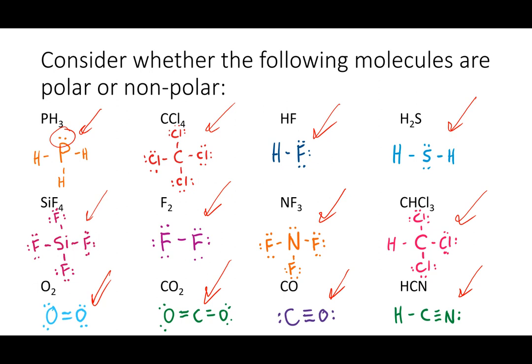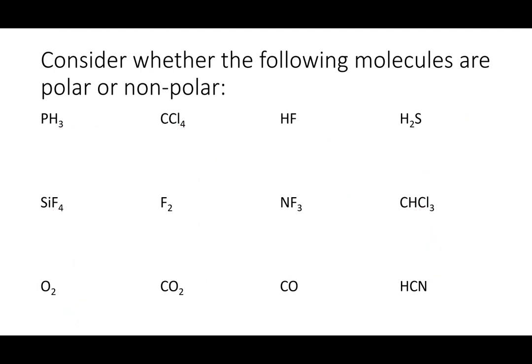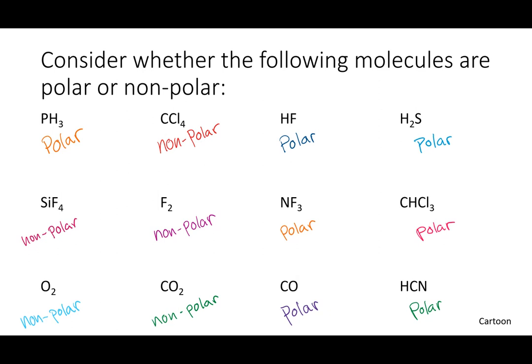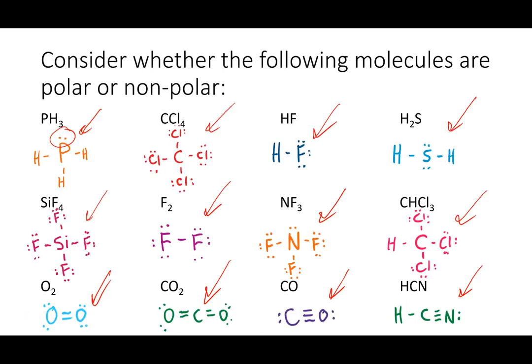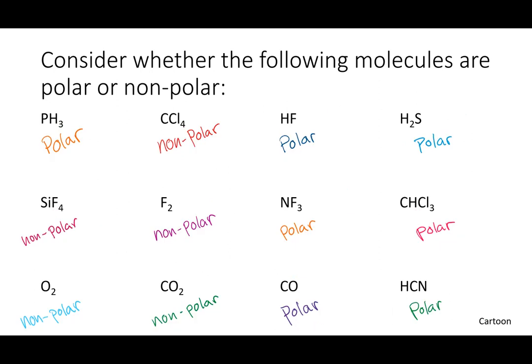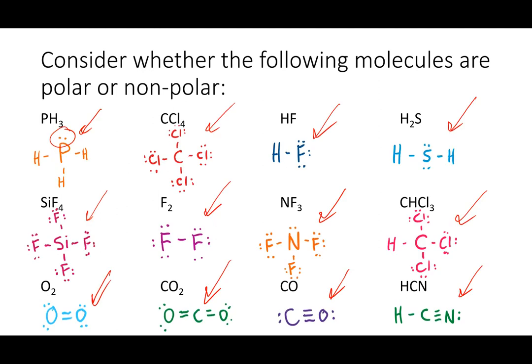So that would make it a polar molecule because of asymmetry. CCl4 is nonpolar because it is perfectly symmetrical, it's tetrahedral. HF is polar because it has one dipole bond and it points that way.